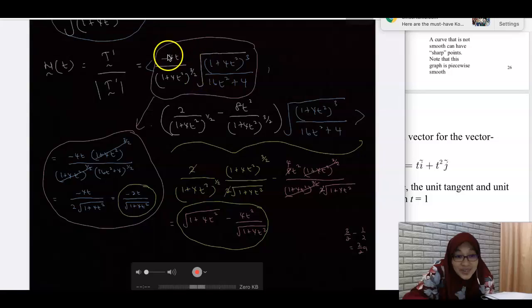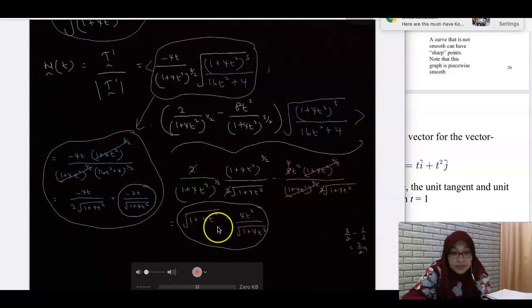Okay, so now this component has been simplified into this form, and this component, after we expand and then simplify, we can have this form.